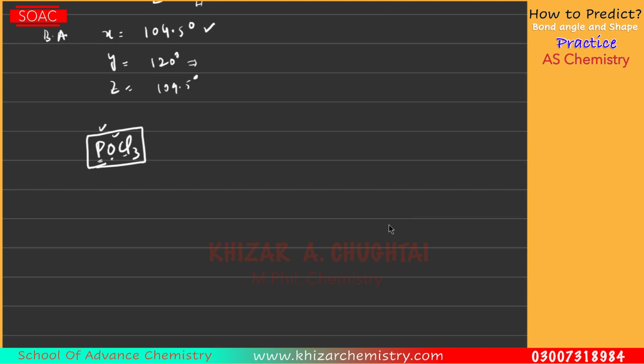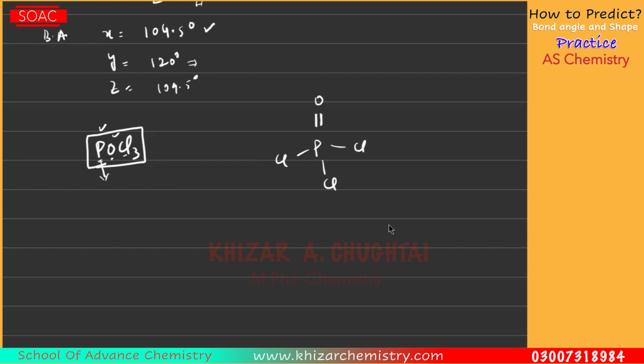So phosphorus is having the maximum valency among these 3. So I'm writing P in the middle, with oxygen and Cl, Cl, Cl. Oxygen's valency must be satisfied, equal to 2, so there must be 2 bonds surrounding the oxygen. And overall, phosphorus can make 1, 2, 3, 4, 5 bonds.